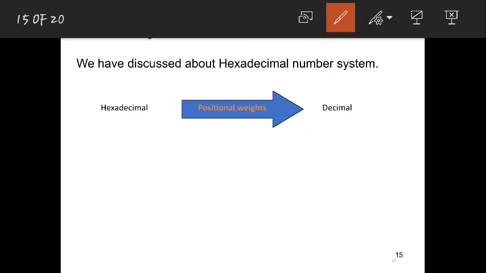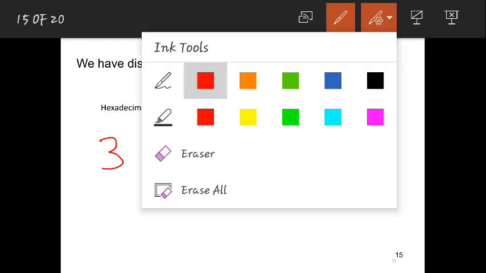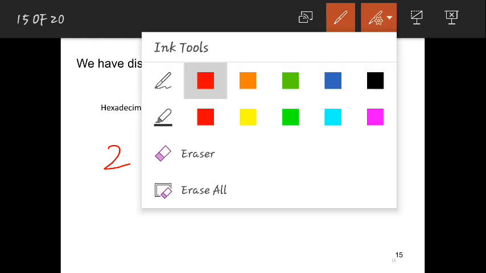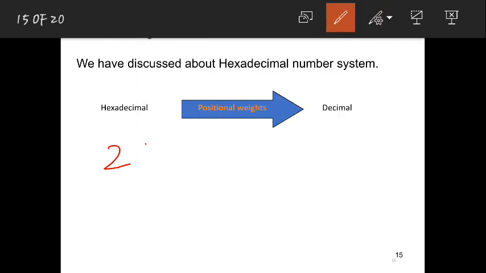So instead of this one digit, we'll see another. We'll write, hexa means, let me write, 1A2.